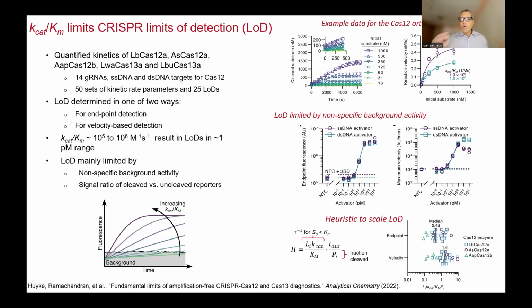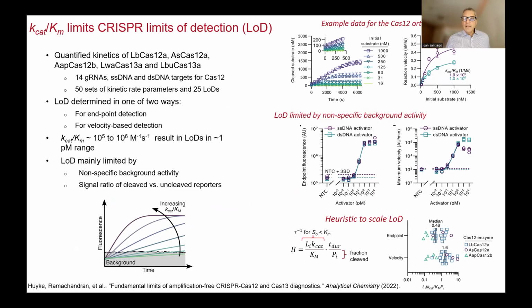Just to show you some of the follow-up work that we've done, we did a fairly quantitative study of the fundamental limits of detection of these CRISPR assays, where we define non-dimensional parameters associated with this. But what we basically have shown is that it's these kinetic rates which directly determine or govern the limits of detection.